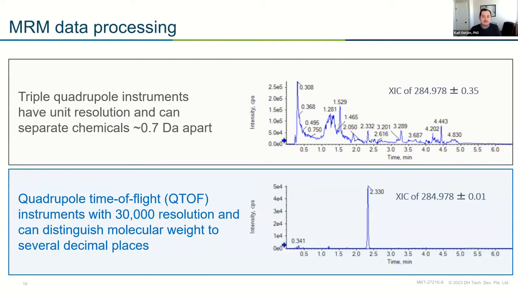But when I compare that same data on an accurate mass system, all of a sudden it becomes very obvious which peak is my peak of interest, right? Because we were able to go down to that fourth decimal place of 0.0001 Daltons, we now can really see through all that noise. The way I like to describe accurate mass and nominal mass is that with nominal mass, it's like standing on a bluff and looking out over a forest.